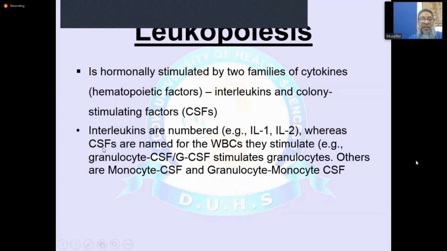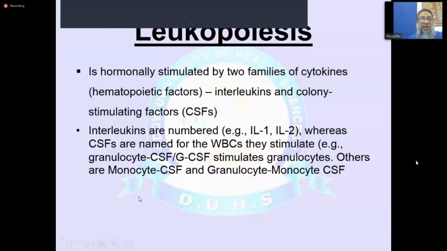stimulating factor. We have given the names of the colony forming factors according to the type of WBC they stimulate. Like if somebody says GCSF, it means the granulocyte colony stimulating factor, and they stimulate the granulocytes.